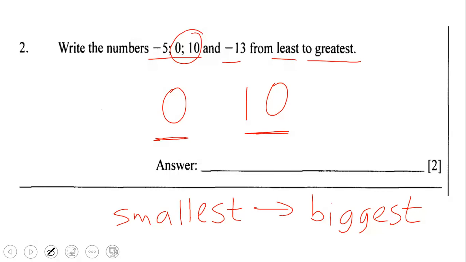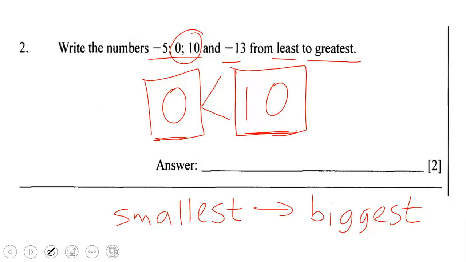Would you rather have $0 or would you rather have $10? Indeed, you would have more money if you have $10 as opposed to $0. So 10 is greater than 0.